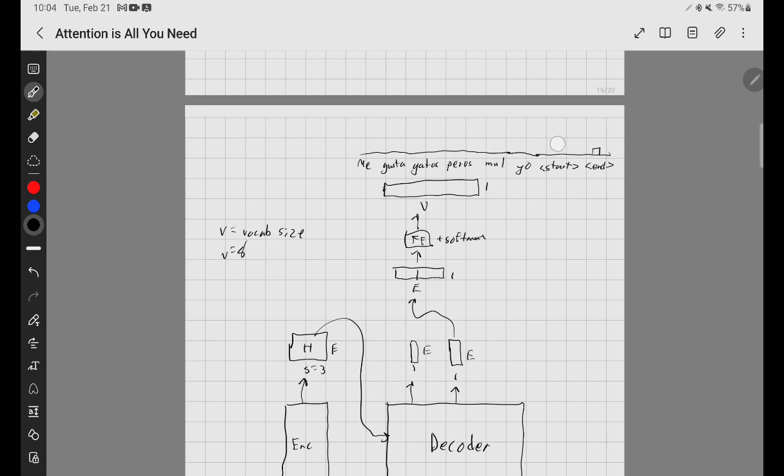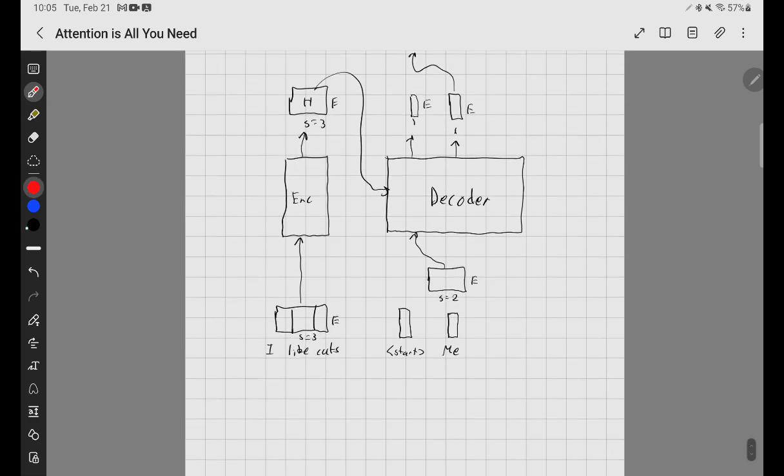So let's say the new distribution looks like this. Probably a little bit of me, probably a really good amount of gusto, some gatos, some perros, no yo, no start, maybe a little bit of end. Then we sample it, we get gusta.